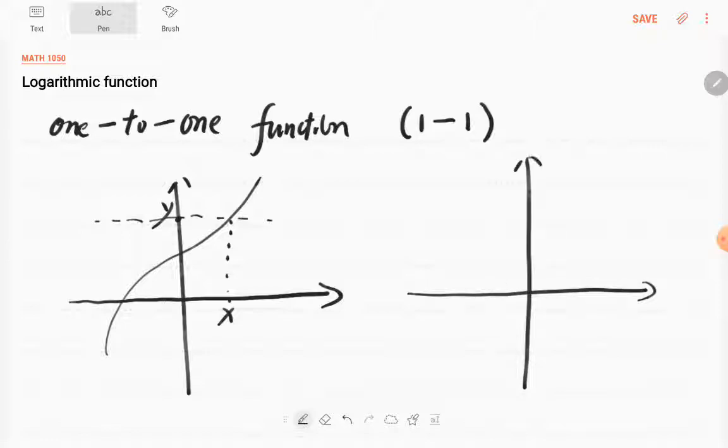This is not a one-to-one function, for example, because if we have this y value and draw a horizontal line, it intersects this curve at 2 points. So this y value corresponds to two x values.